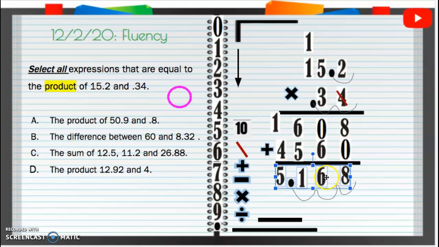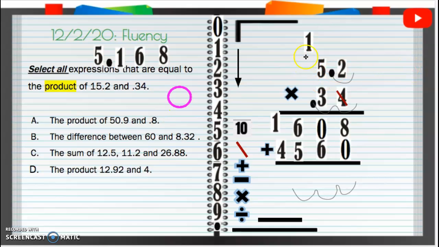I'm going to move this up to here so I know this is the number that we are going for, to see if anything makes sense or equals it. All right, so let's take a look. The product of 50 and 9/10 and 8/10.